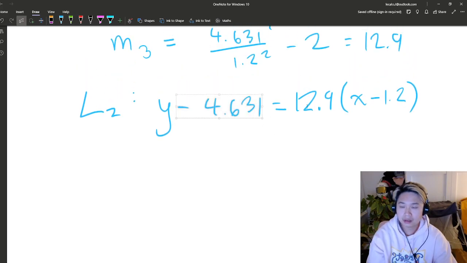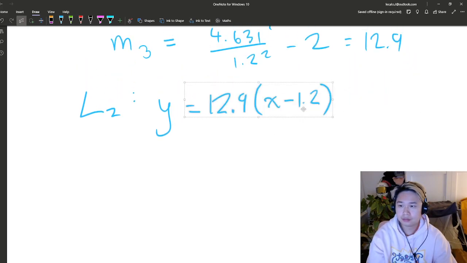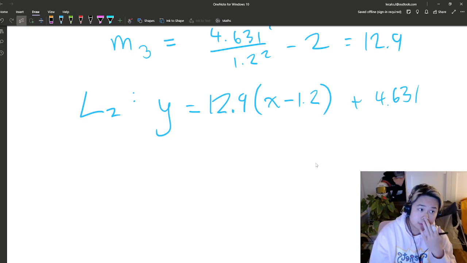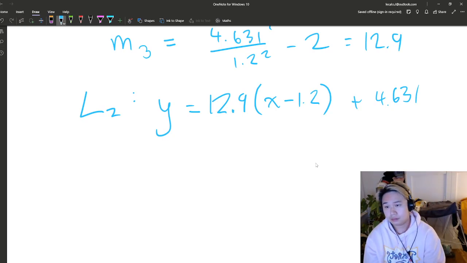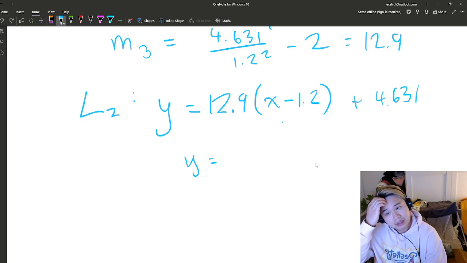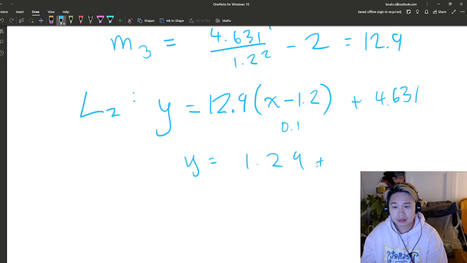Right. So that means that this is always going to be 0.1. So this is 1.29 plus 4.631.